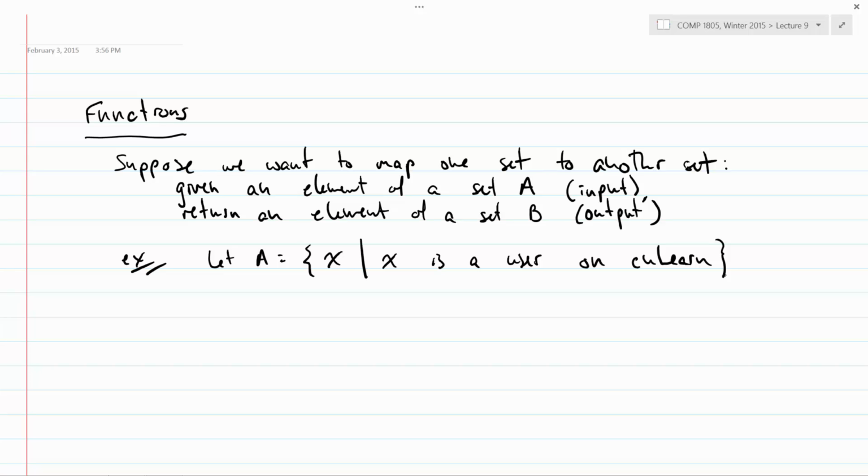And the set B we could define as the set X such that X is a valid password. All right, so CUlearn has all these rules about what counts as a valid password or not, right? It has to have an uppercase character, a lowercase character, and a number, and maybe a symbol or something like that. So you look at the set of all possible valid passwords, and that's the set B. Some of them won't be used by anyone, but they're still valid, so they're still in the set B.